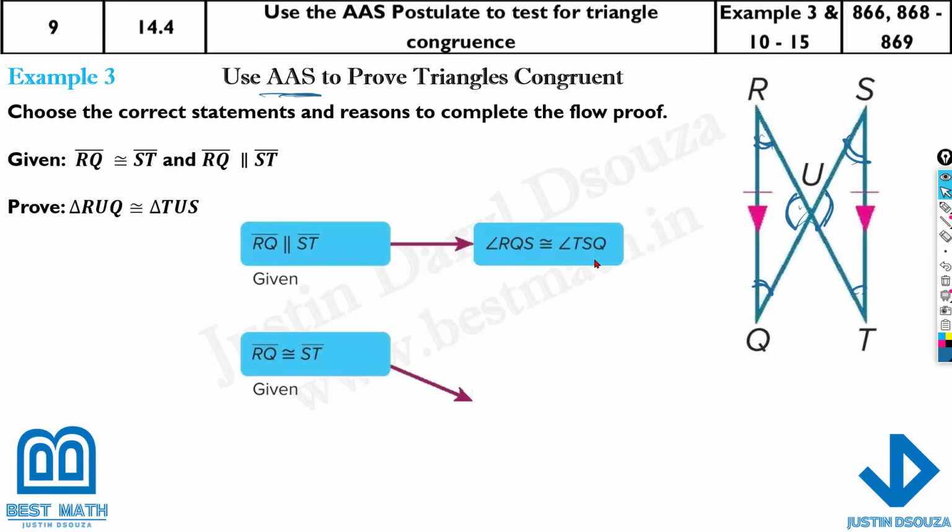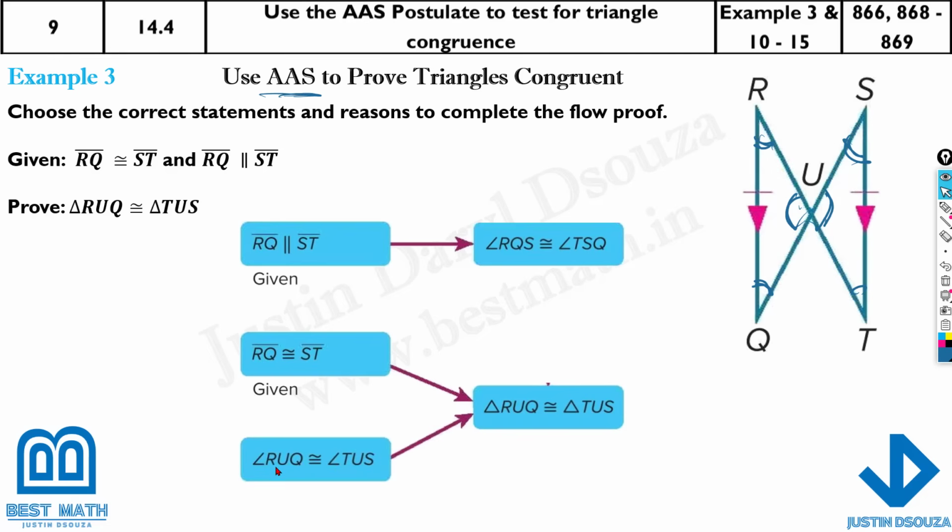Now, this is given, but now RQS, you can see this angle here, and TSQ are congruent. Why? Because they're alternate angles. So we have one more angle, RUQ and TUS, they're vertical angles. This is the final answer.